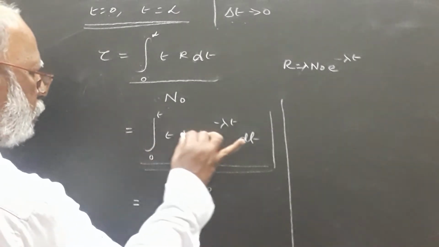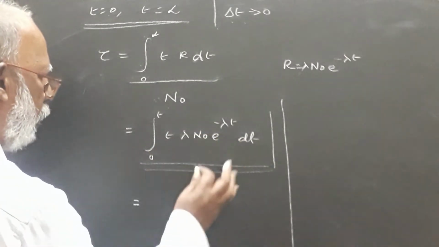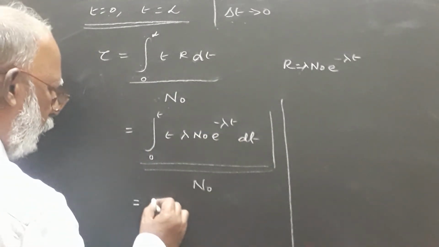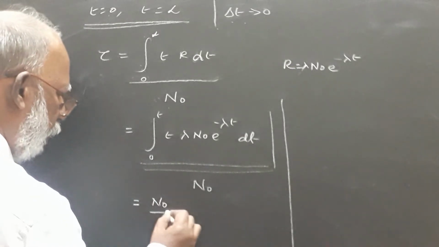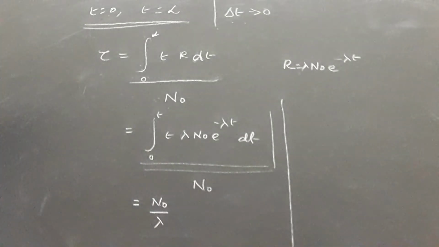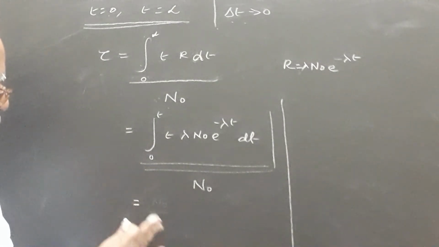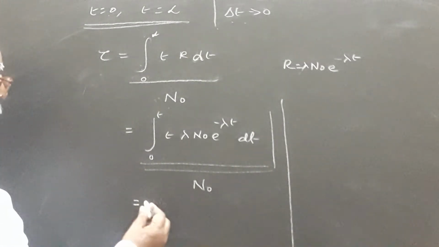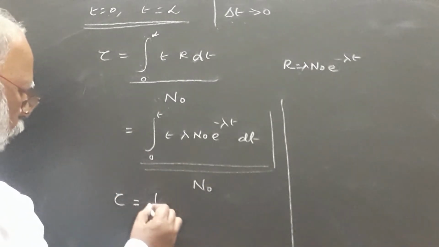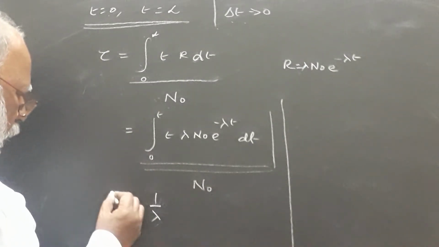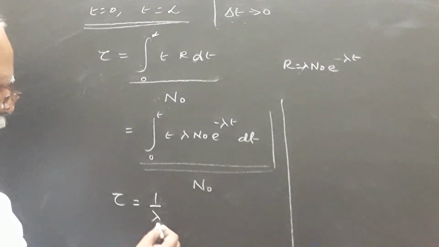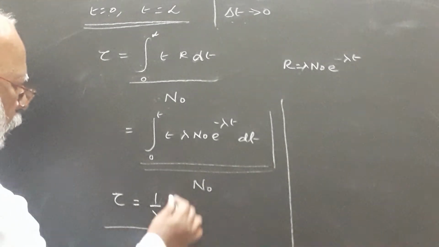If you integrate this value, then we get n naught by lambda. That's all. Or sorry, tau, that is equal to 1 by lambda. This is the equation.